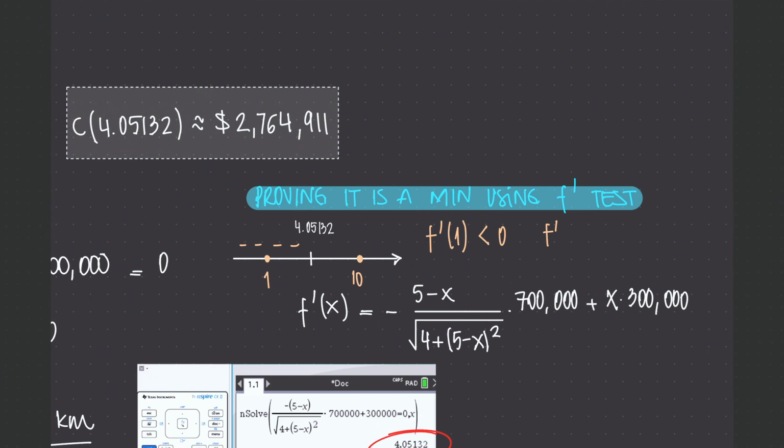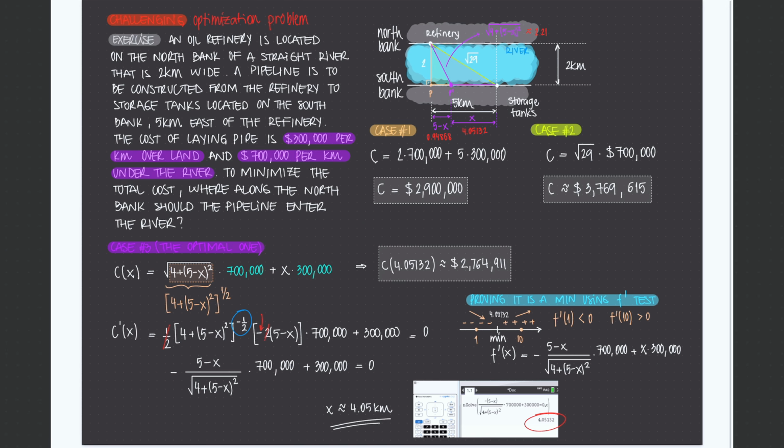And if you place 10, for example, into the first derivative, you get a positive number, which means that the function is increasing in this interval right here from 4.05 to positive infinity. That means that we have a min over here. And of course, you could see that it's a min if you plot the curve cost, the function cost. And that's it. We're done.